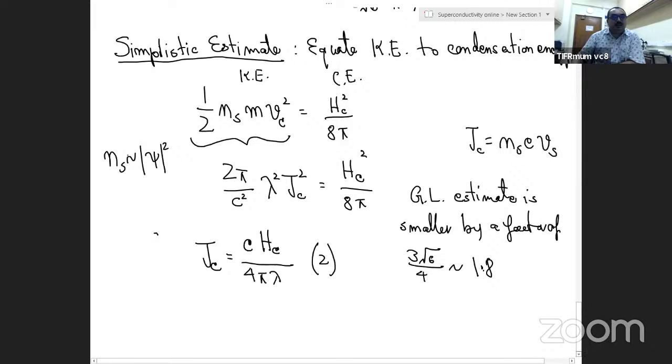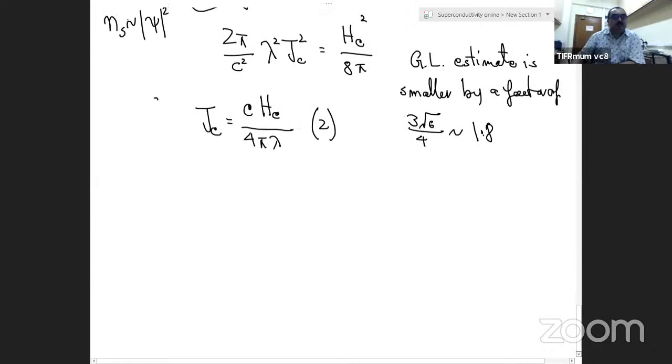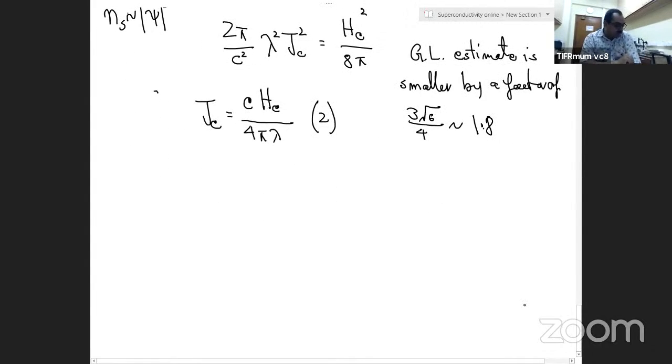Now, let us keep on playing with this expression. I sort of like this expression. Let me write this now in a different fashion. Not the simplified expression, we will go back to the full-fledged Ginzburg-Landau expression.